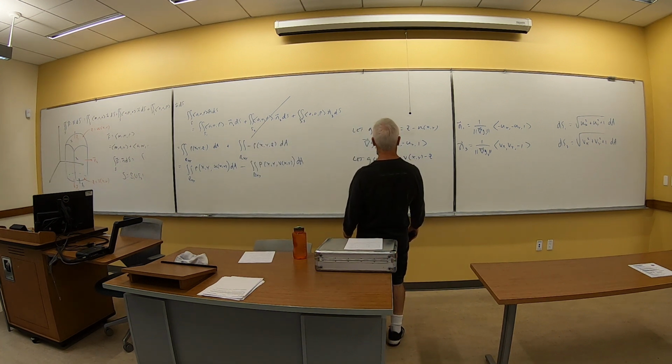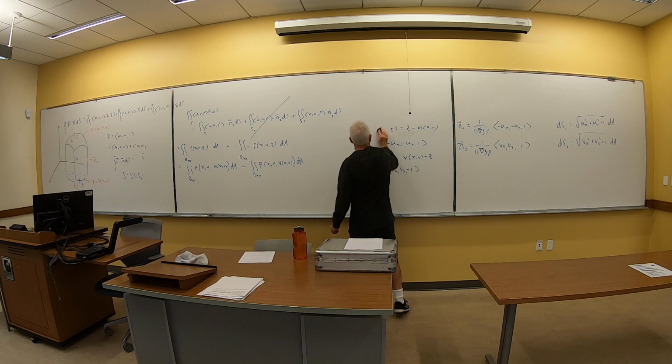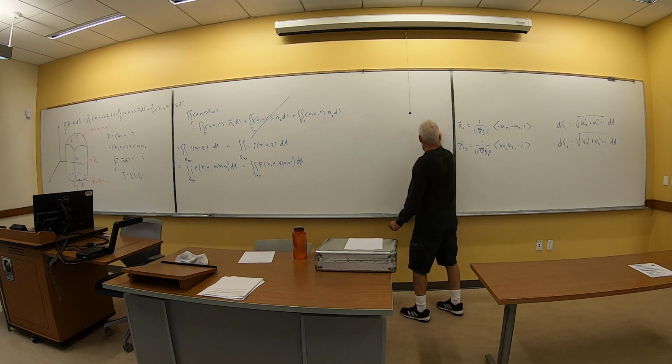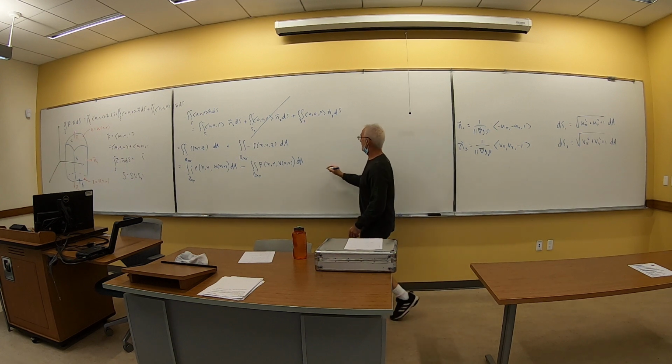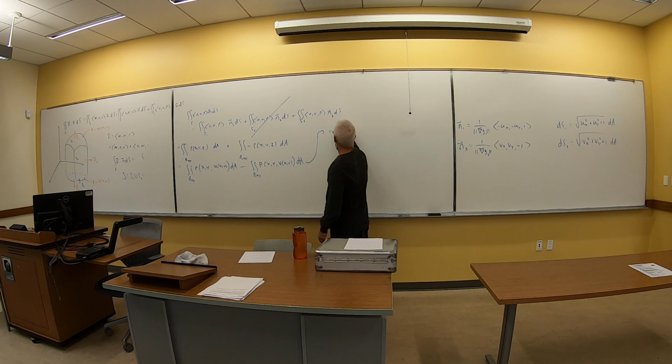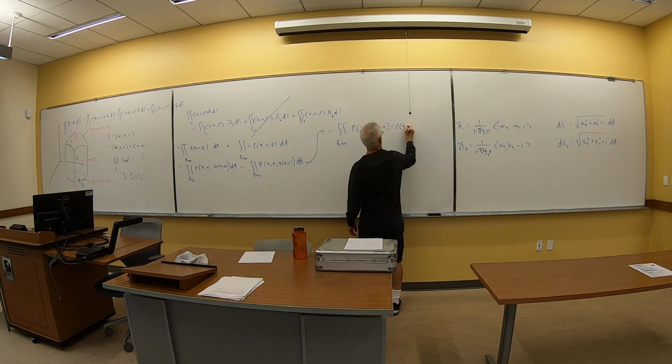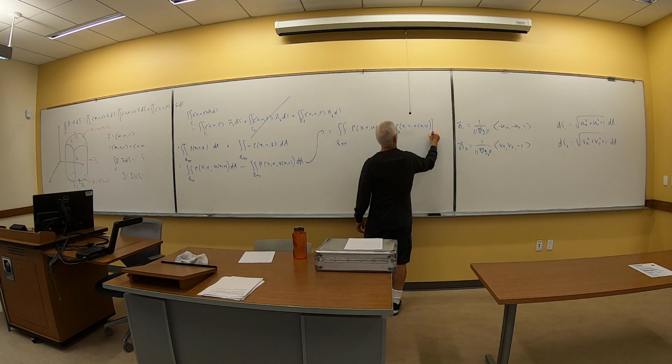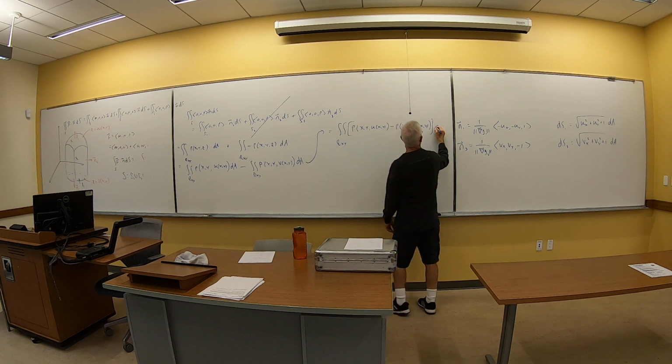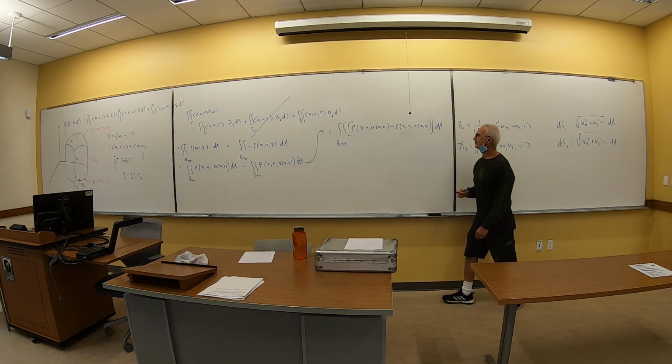I think I can erase this stuff now. Hate doing this, but this is all being recorded anyway. So let's just write it this way. The double integral over the region in the xy plane of P of x, y, u of x, y minus P of x, y, v of x, y dA. All right, I'm happy with that.